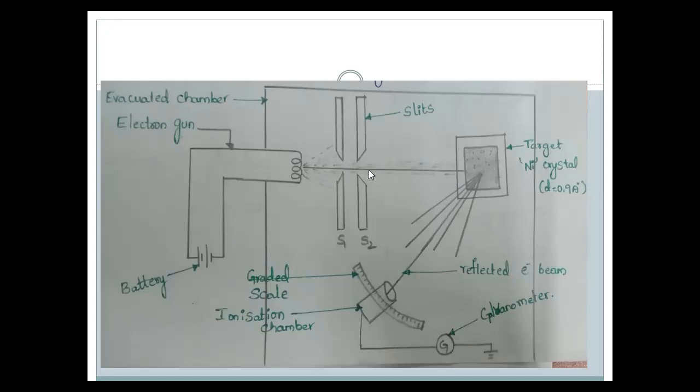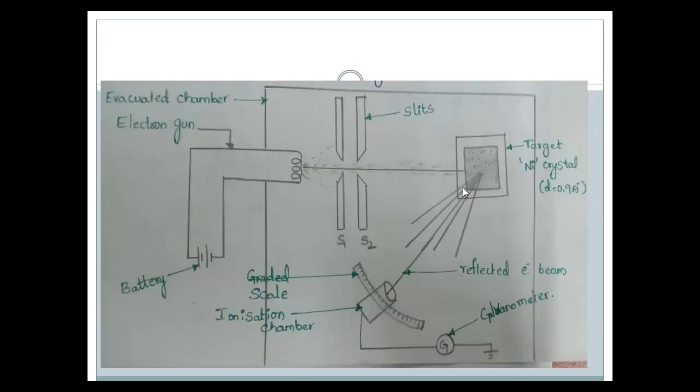One is the electrons which are incident on the target material and get reflected back, and due to the incidence of electrons on the target material, some of the electrons from the target will be ejected out. Those are called secondary electrons.